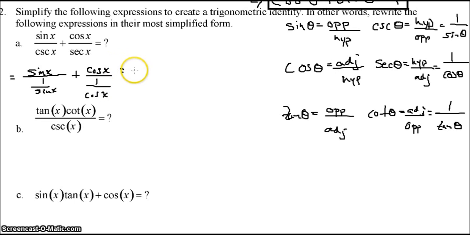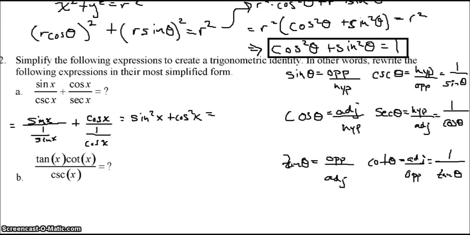And so let's just flip and multiply. This becomes sine squared x plus cosine squared x, which, remember from what we've just done, equals 1. So this whole expression equals 1.